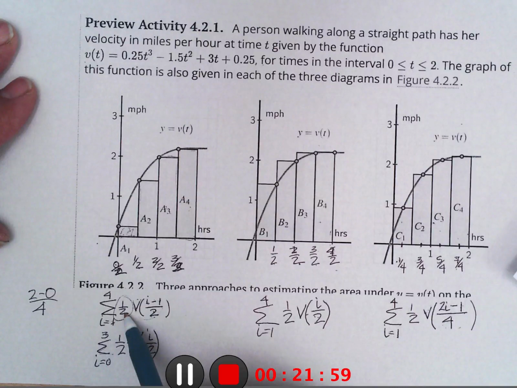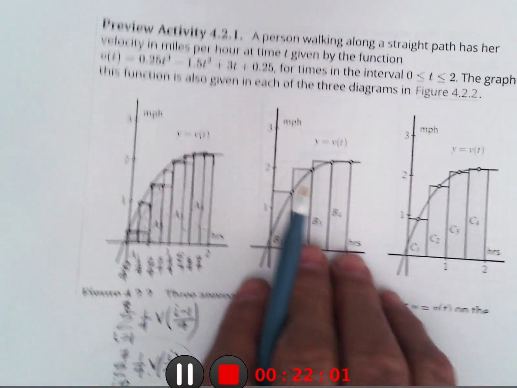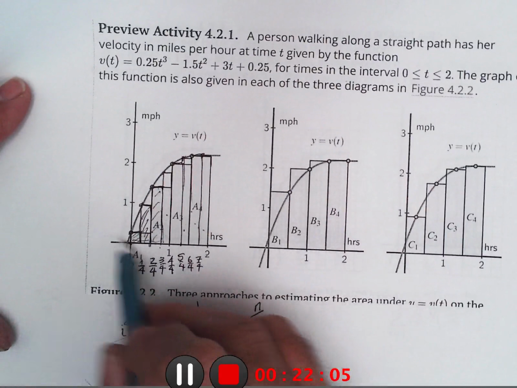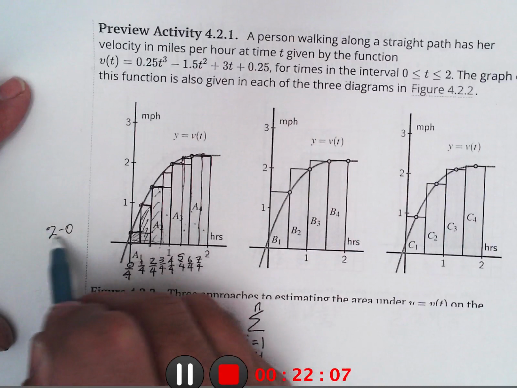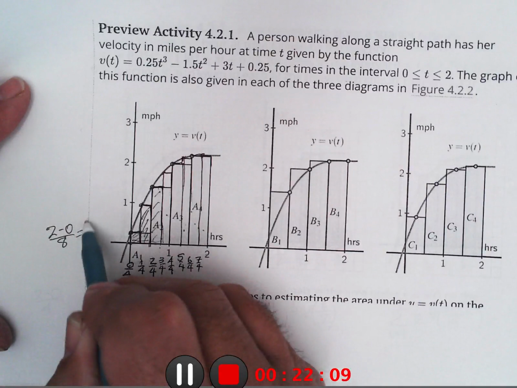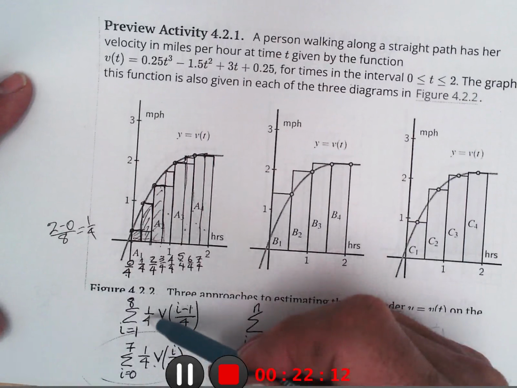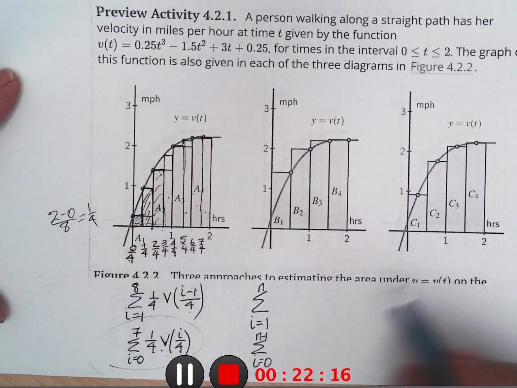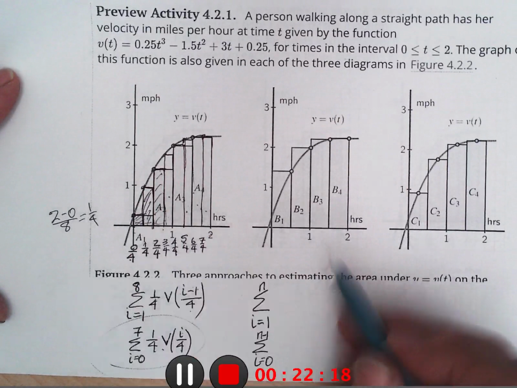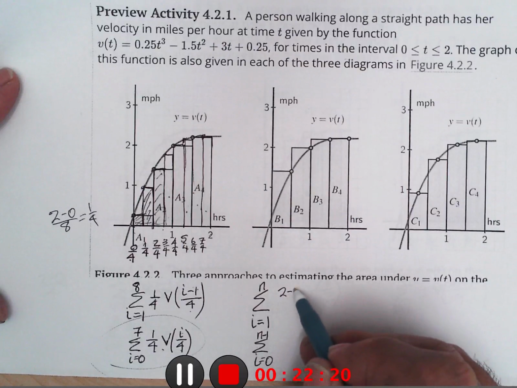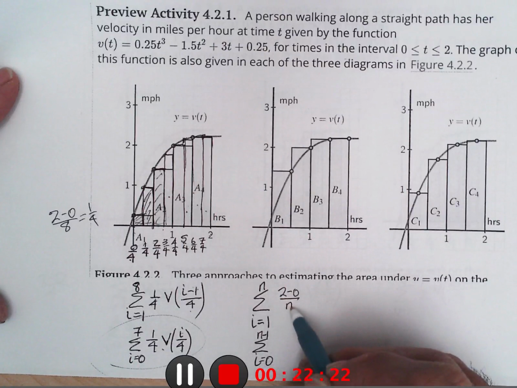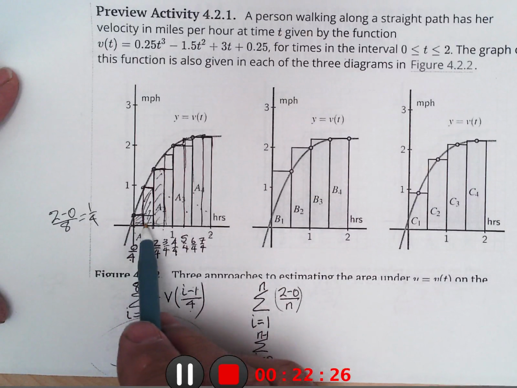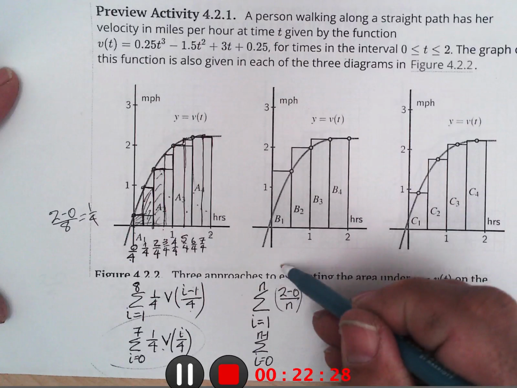Now when we did it with 8, it's 2 minus 0 over 8, which was 1 fourth, and that was the width of our interval. So if we're doing n of them, it would be 2 minus 0, or 2, divided by n, and that'll be the width of each one of these. Sometimes that's called delta x.